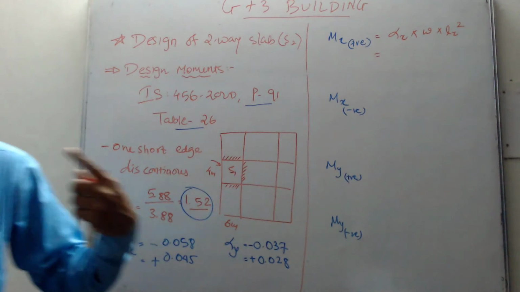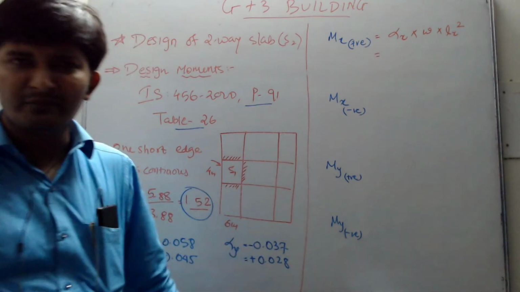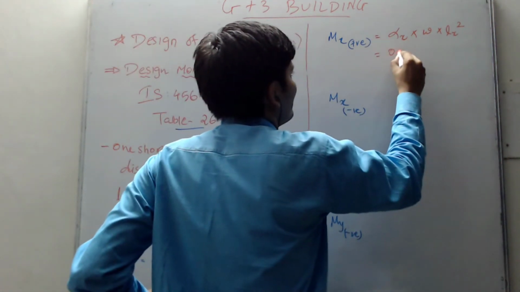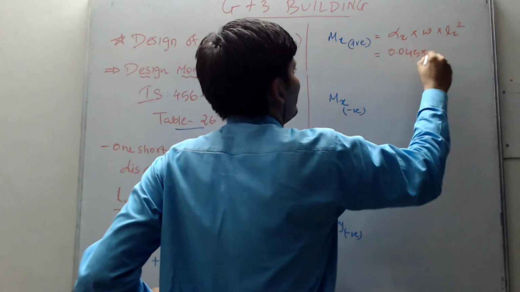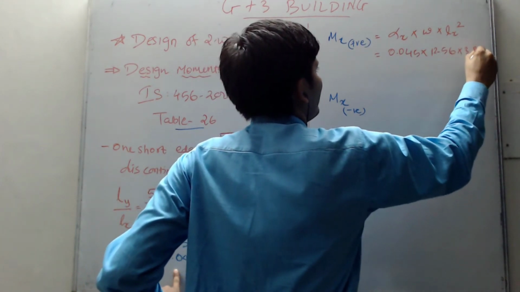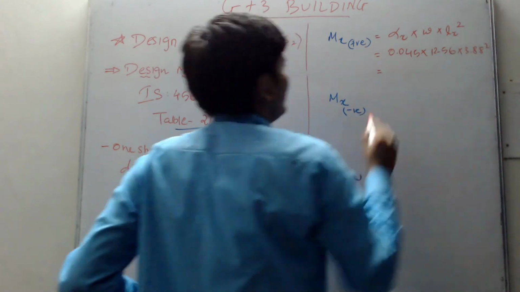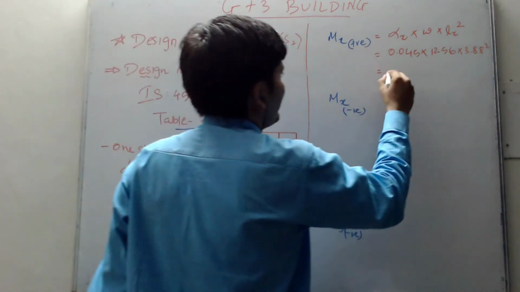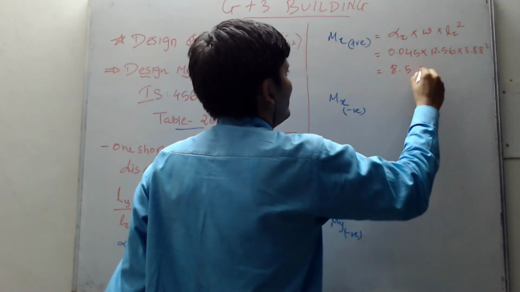It was around 12 point something, 12.56, and Lx is 3.88. So 0.045 multiplied by 12.56 multiplied by 3.88 square, right? So if you calculate this answer, you will get your positive moment as 8.5 kilonewton into meter.